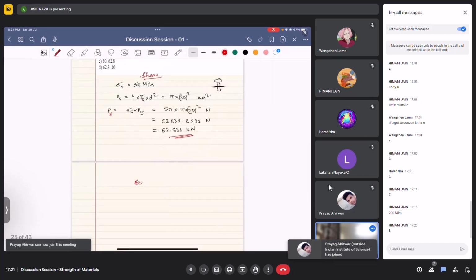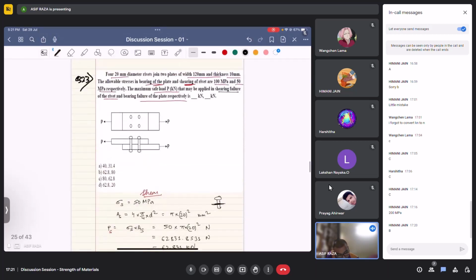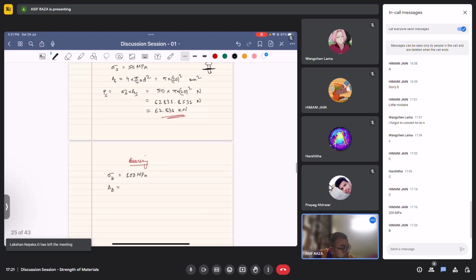Allowable stress in bearing is 100 megapascal, and the area involved in the bearing failure is, so in bearing, the failure happens in the plate itself, and the cross section involved is diameter times thickness of the plate, where the diameter is the diameter of the rivet.